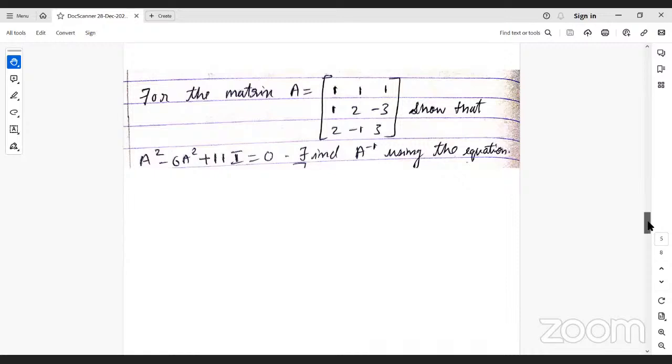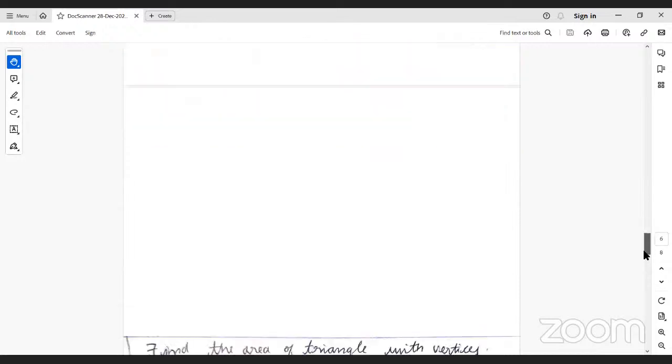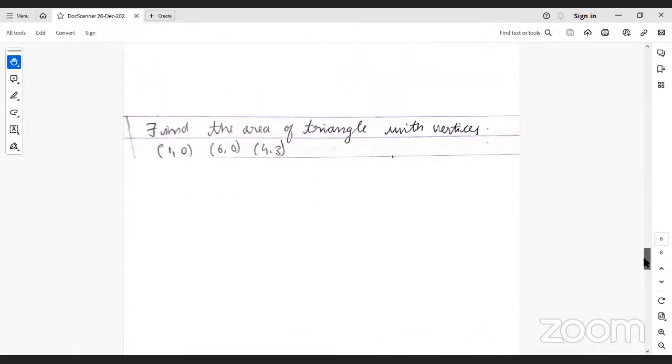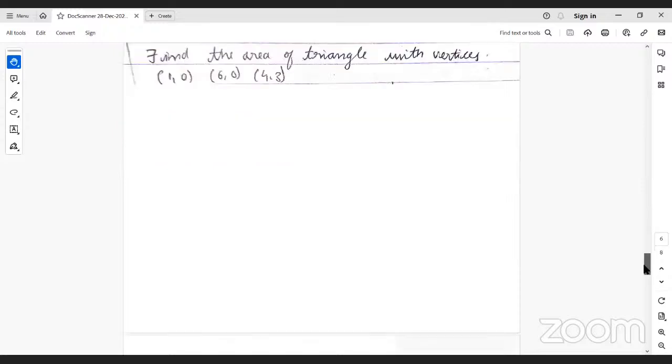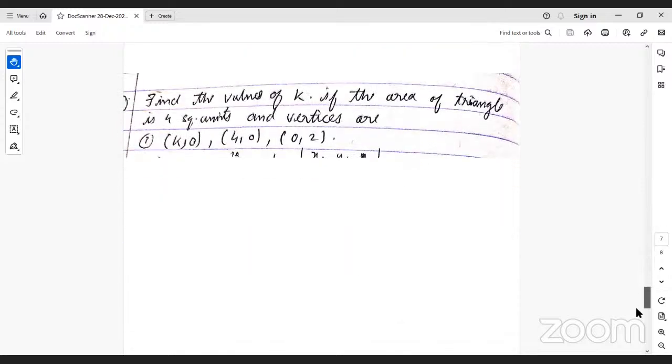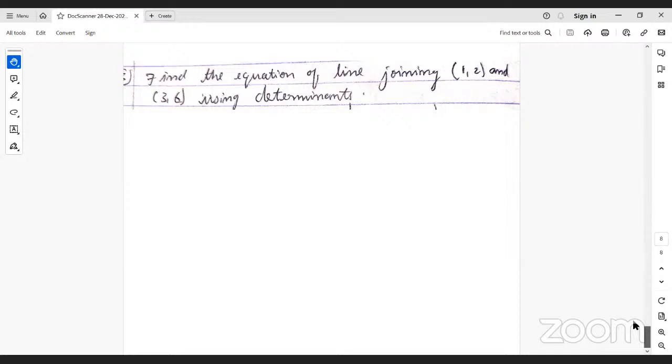This is a 4 mark question which will be occurring this year. First we will be covering the 2 mark and 3 mark simple questions, and then we will be discussing the 4 mark question at the end.